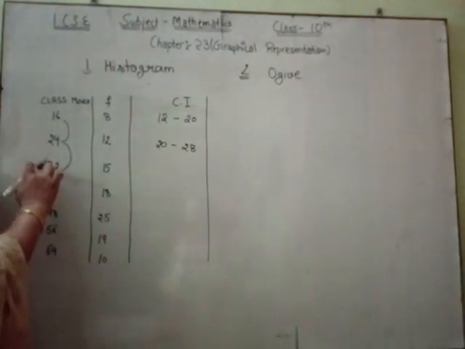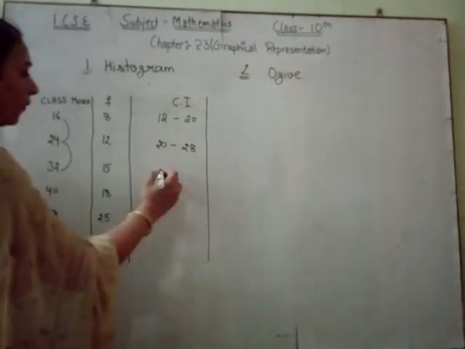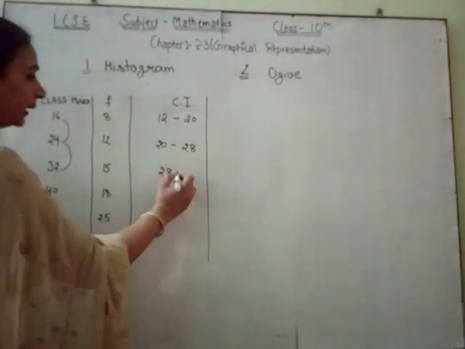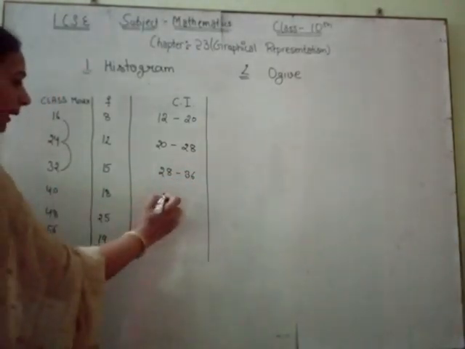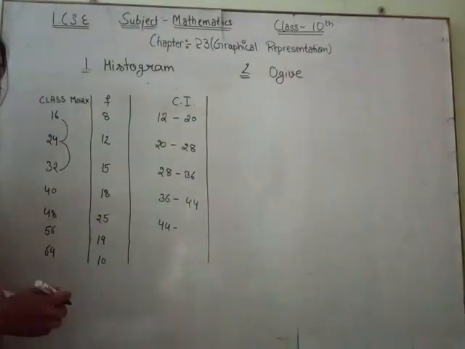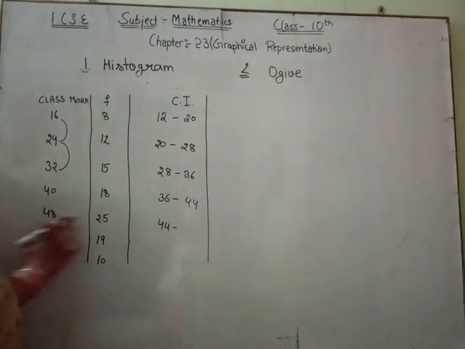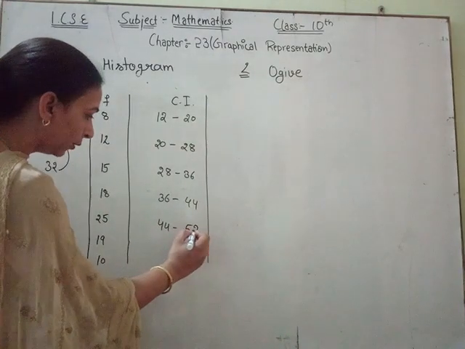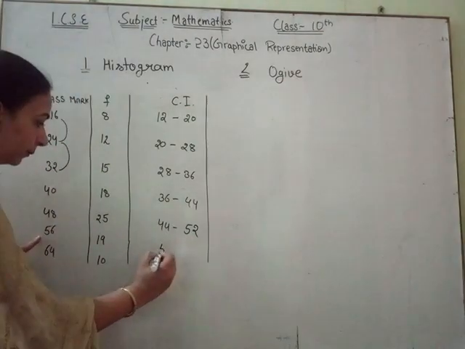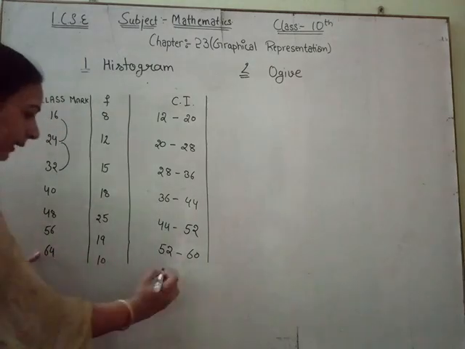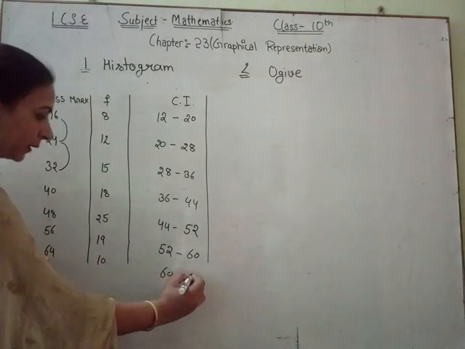Same: 32 minus 4 is 28, and 32 plus 4 is 36. Next is 36 to 44, and next is 48 minus 4, that is 44, and 48 plus 4 is 52. Next is 52, and 56 plus 4 is 60, and next is 60, and 64 plus 4 is 68.